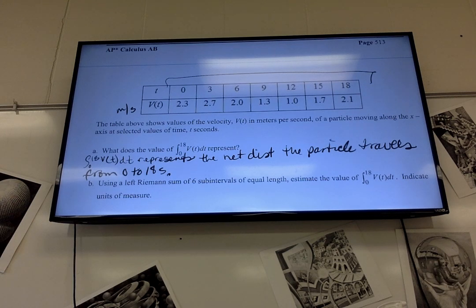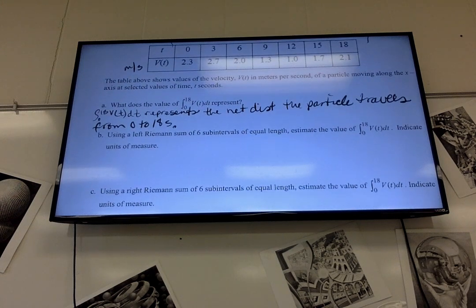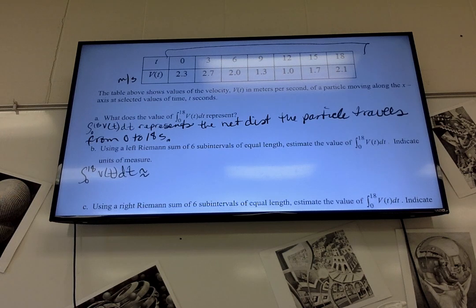Using a left Riemann sum of 6 subintervals, so 6 rectangles of equal length, estimate the integral from 0 to 18 of v of t dt, and indicate units of measure. So I want 6 of them.